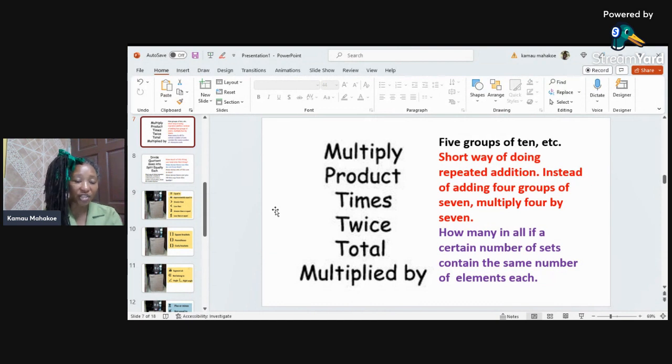And multiplication and addition are what we call commutative and associative operations, meaning it doesn't matter which two you do first, you will get the same answer. This applies to multiplication and addition.